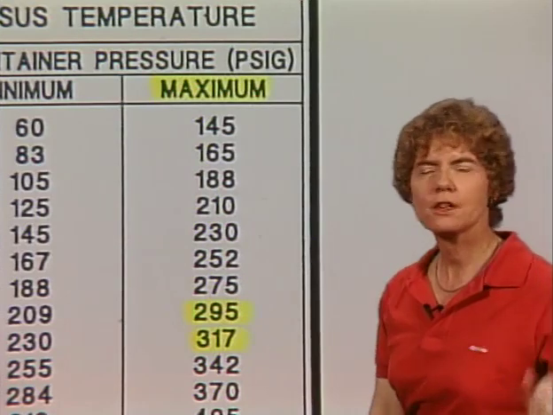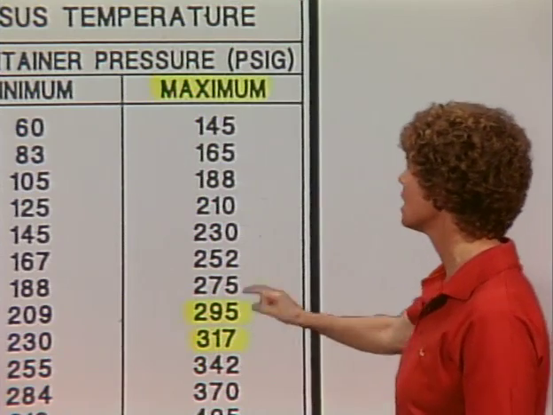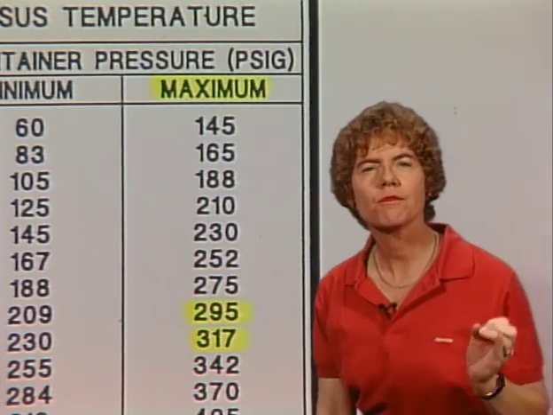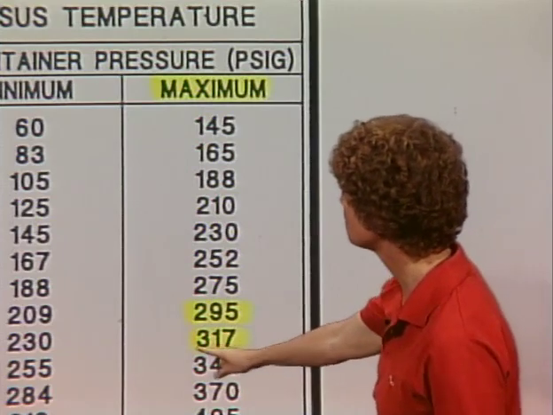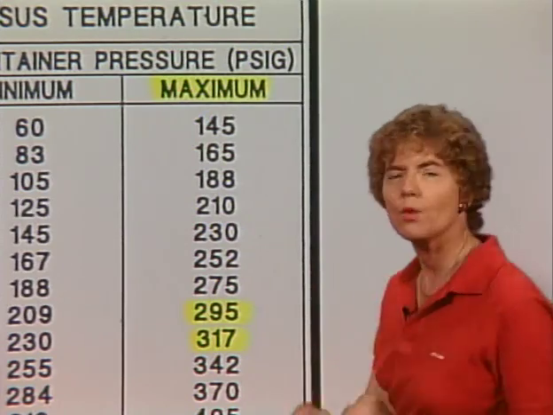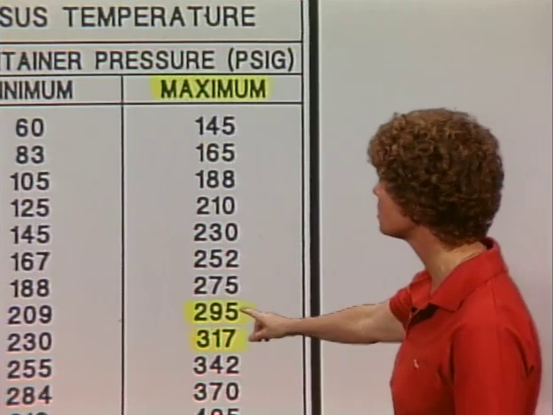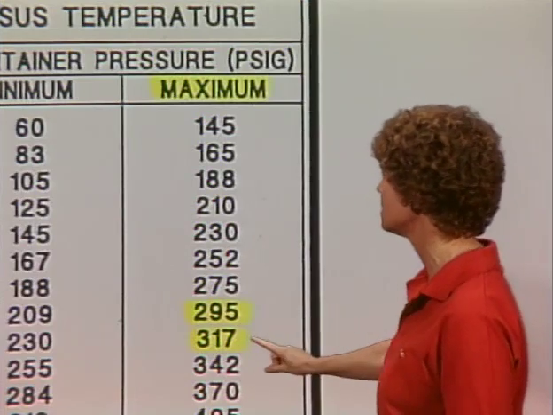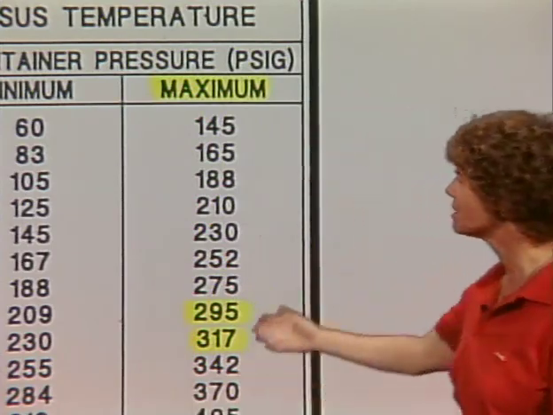At 30 degrees Fahrenheit, the maximum allowable pressure would be 295 psig, and at 40 degrees Fahrenheit, it would be 317. So at 33 degrees Fahrenheit, the pressure we're looking for is somewhere between 295 and 317 psig. So we have to interpolate.